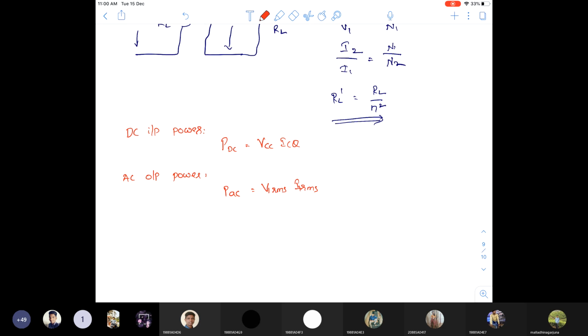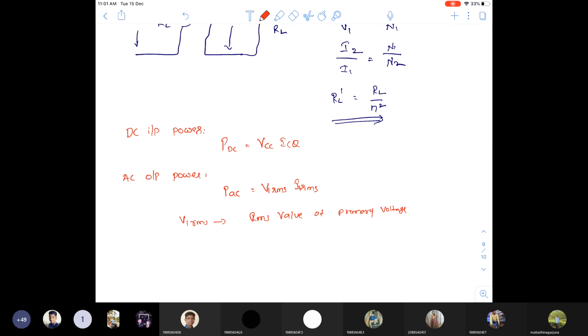I1 RMS is the primary RMS current. Similarly, if you take V1 RMS, it is the RMS value of the primary voltage.